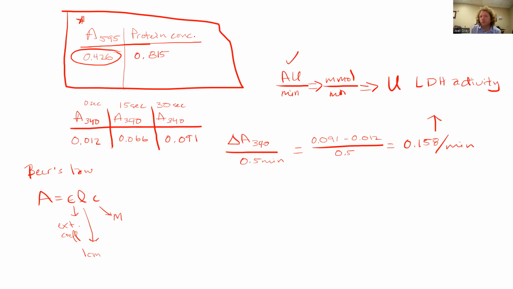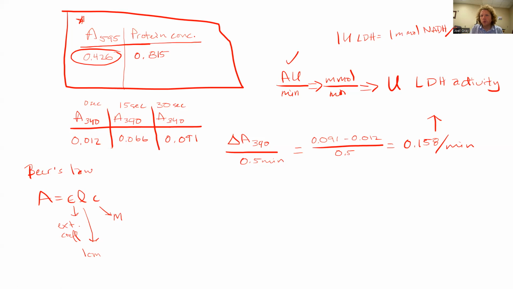This absorbance units per minute we have. Now, when we talk about an enzyme, we define an enzyme's activity. So 1 unit of LDH activity is 1 millimole NADH per minute.